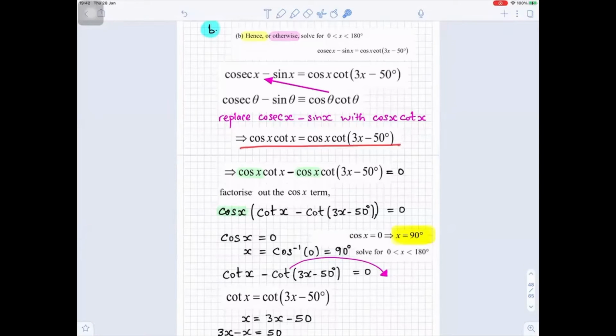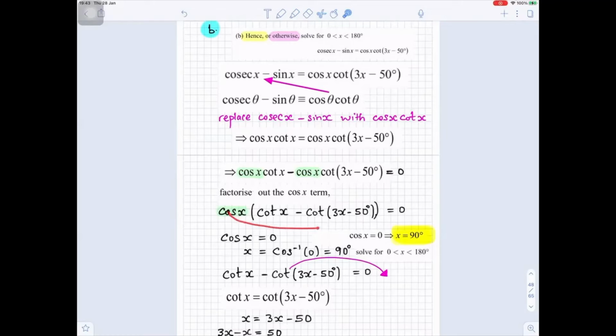This is now what we want to solve. If you notice, there's cos x on the left and there's cos x on the right. So that's common. So we factorize out cos x. So cos x on the left, cos x on the right, it comes out. We are left with cot x, and we're left with cot (3x minus 50).